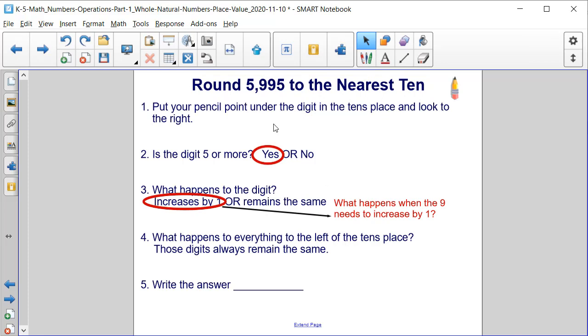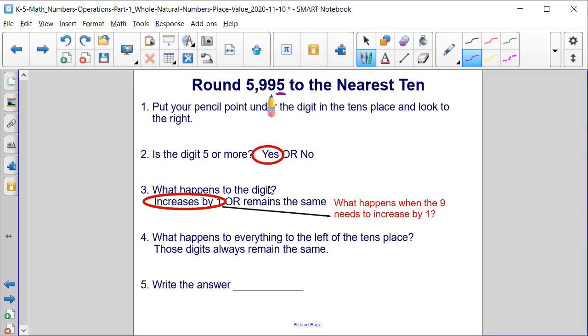Let's take another look at this example. Round the number 5,995 to the nearest 10. Let's start by putting the pencil point under the digit in the tens place. And then we're going to look at the digit immediately to its right, which is a 5. Is this digit that we underlined 5 or more? Yes, it is. So then what happens to the digit in the tens column, this 9?